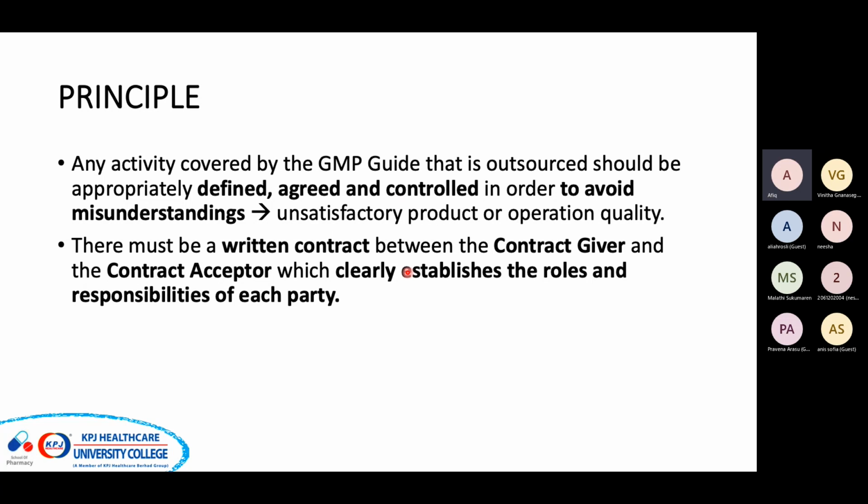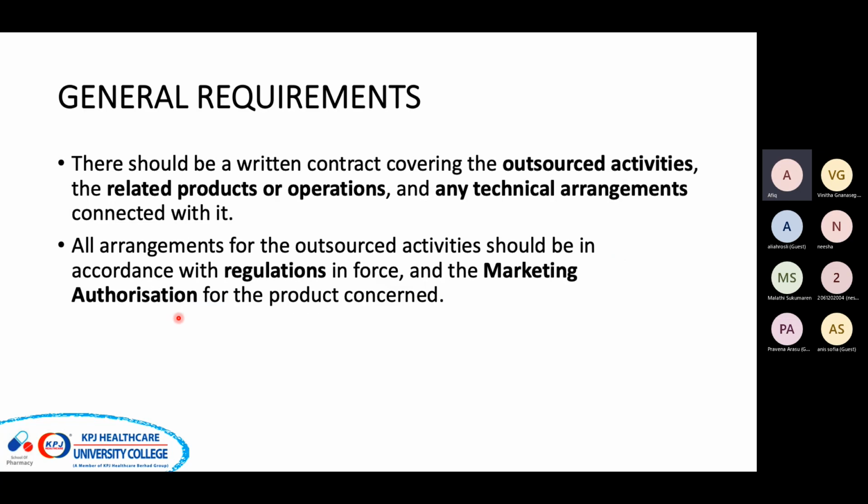Maybe the contract giver thought otherwise, while the contract acceptor thinks, oh, the product should be like this. Okay, so there must be a written contract between the contract giver and the contract acceptor, which clearly establishes the roles and the responsibilities of each party. Which we will look at in a bit. I already provided a table for that.